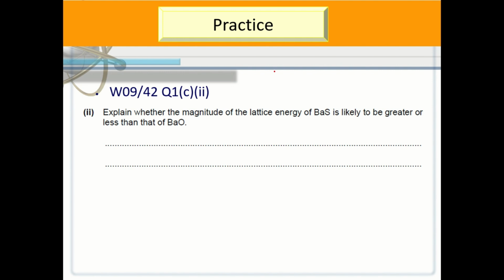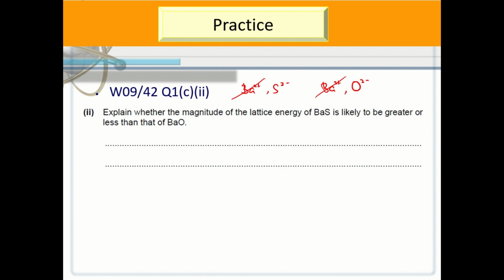So same thing here. Let's identify the cations and anions in these two different ionic compounds. They have the same cation, so we are not going to compare the cations. We are only going to compare the anions in this question.